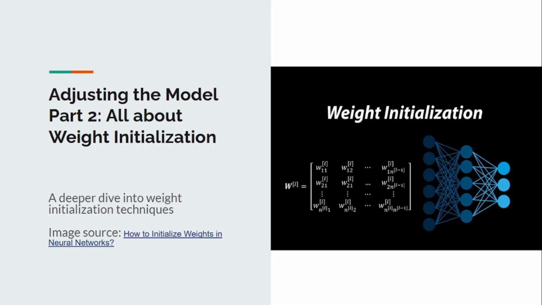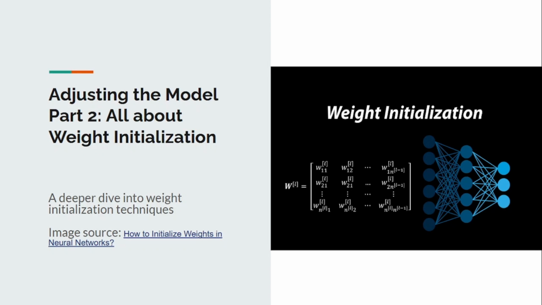Now, let's talk about weight initialization and why it played a significant role in improving my model's performance. In any neural network, including convolutional neural networks, weight initialization is a crucial factor that directly impacts how well and how quickly the model learns.